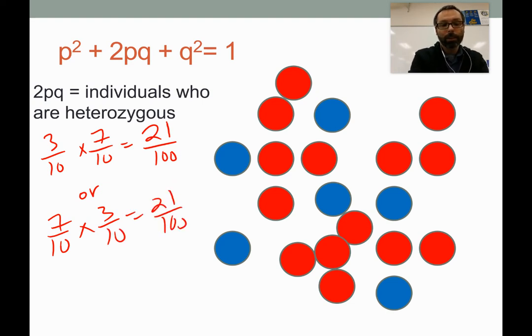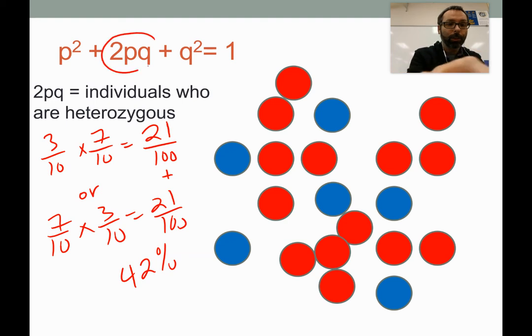But this is an OR situation, and OR means to add. So in this case, 42% would be expected to be heterozygous, purely on the laws of probability. And again, that's where the 2PQ comes in. We did P times Q, and then we added them together. That's 2PQ.